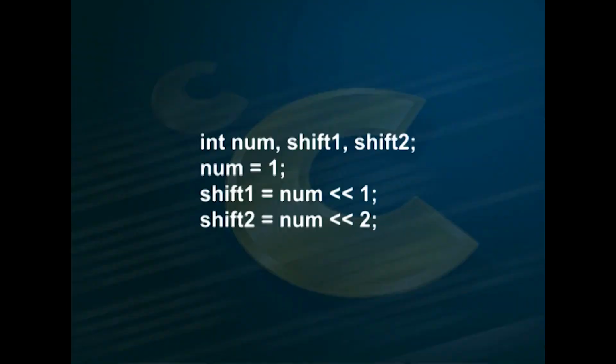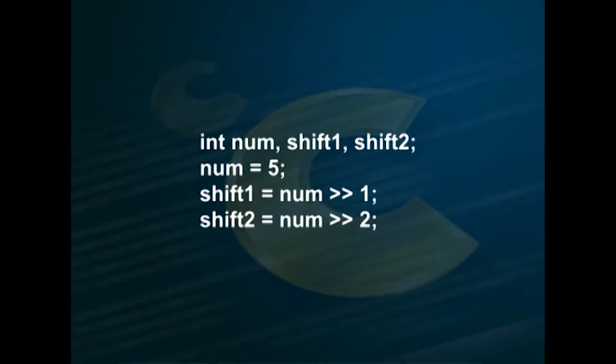Look at the following program segment: int num, shift1, shift2. num is equal to 1, shift1 is equal to num << 1, shift2 is equal to num << 2. Here shift1 gets a value 2 and shift2 becomes 4, as the single bit in integer num moves to its left by 1 and 2 positions respectively.